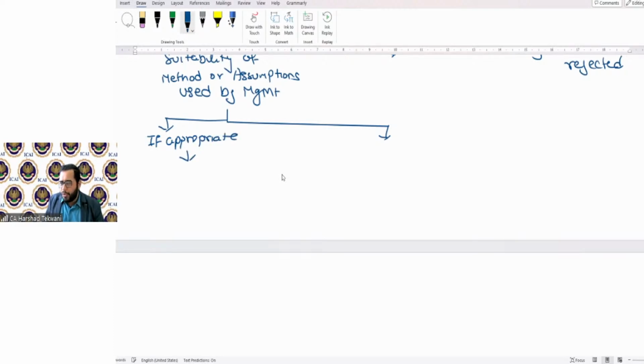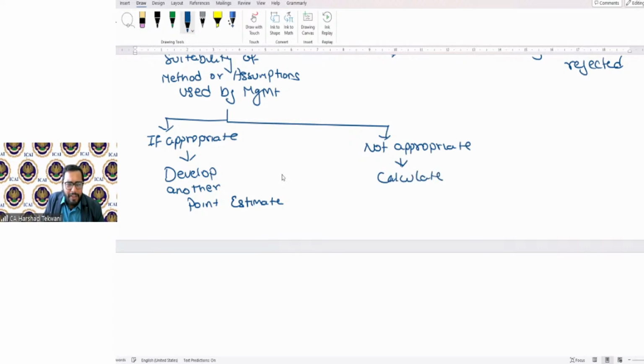then you need to develop another point estimate and compare with that. If you think they are not appropriate, then calculate the deviation and its impact as a misstatement.